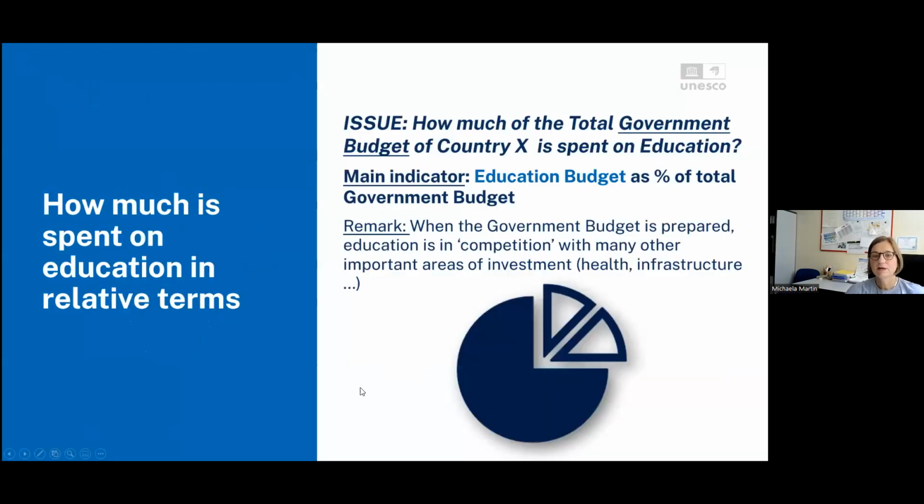Okay, so we have another indicator which is often cited on the question of how much is spent on education in relative terms. This is how much of the total government budget a country is spending on education, so the indicator education budget as a percentage of total government budget. What we have to acknowledge is that when government prepares budgets, the different portfolios or sectors are in competition with each other.